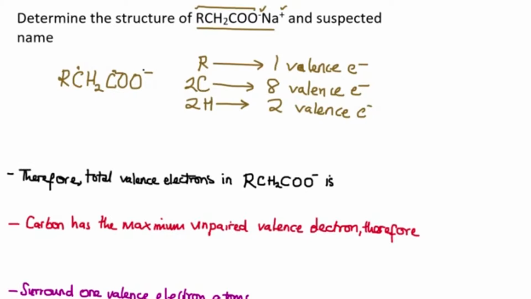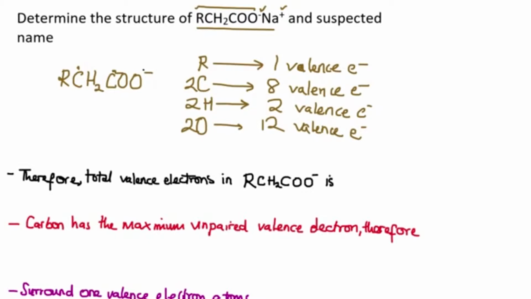And finally we have 2 oxygens right here, and these 2 oxygens will contribute 6 times 2, which gives us 12 valence electrons.